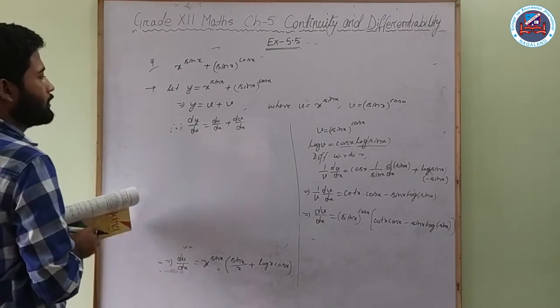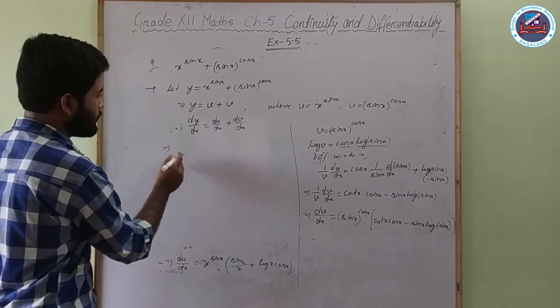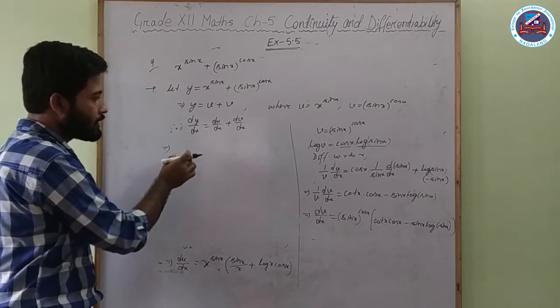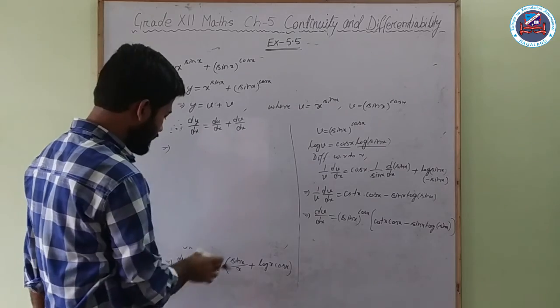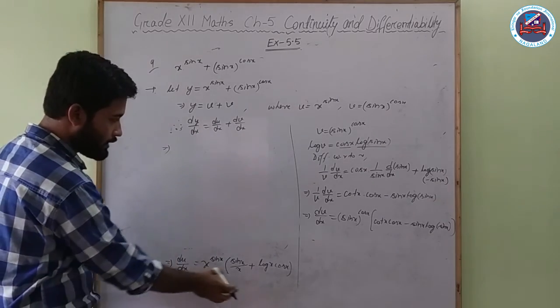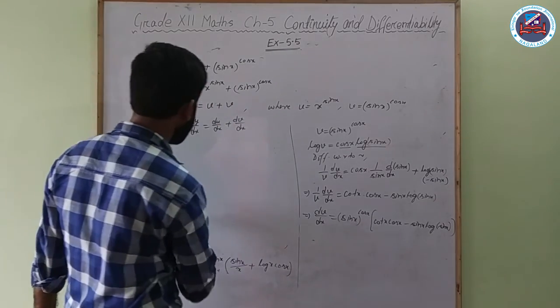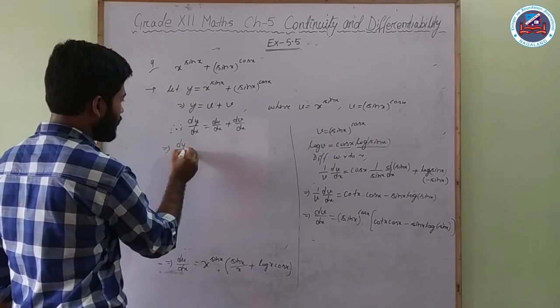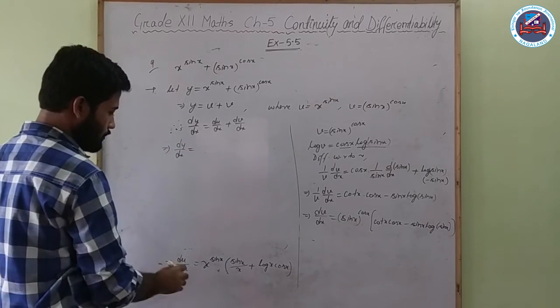Therefore, from here, what I can write, we had dy by dx is equal to du by dx plus dv by dx. So we have got du by dx equal to this and dv by dx equal to this. So we can write dy by dx is equal to, what is our du by dx?